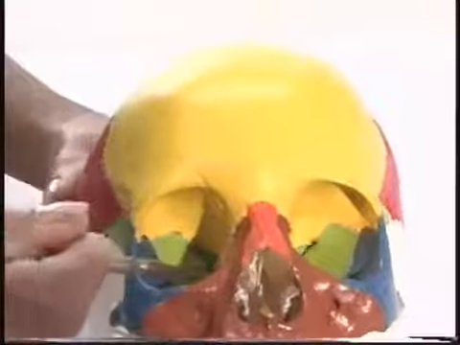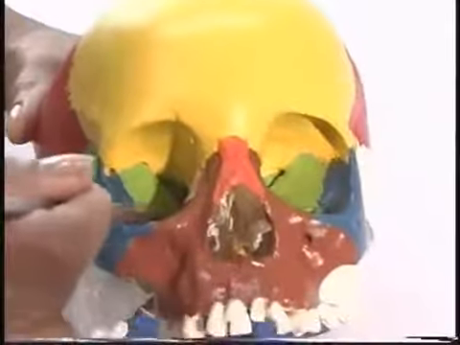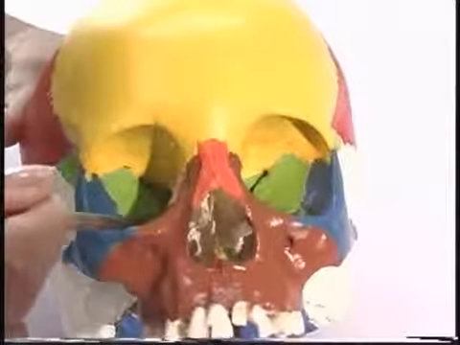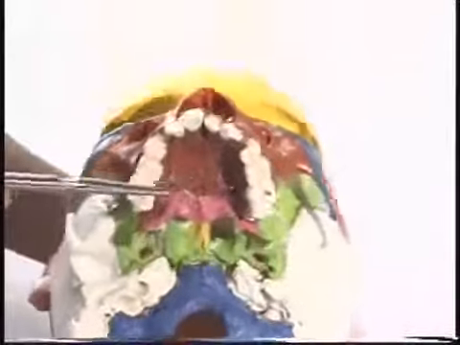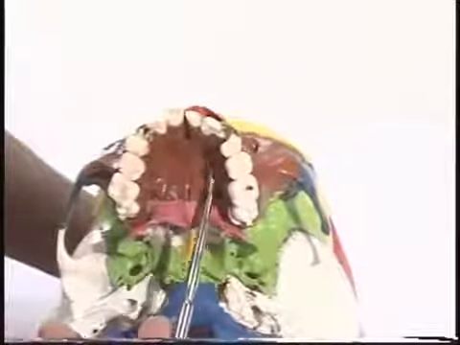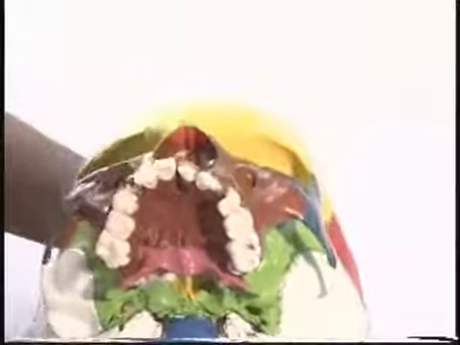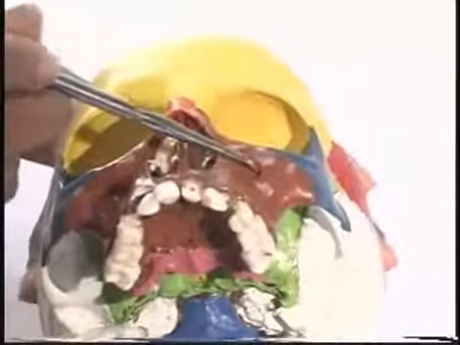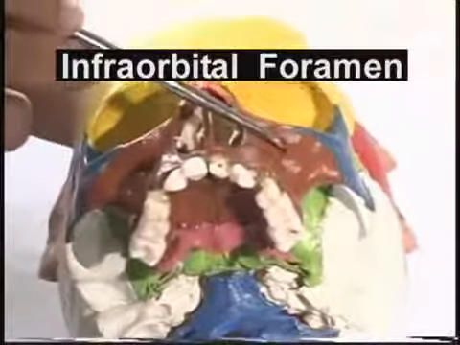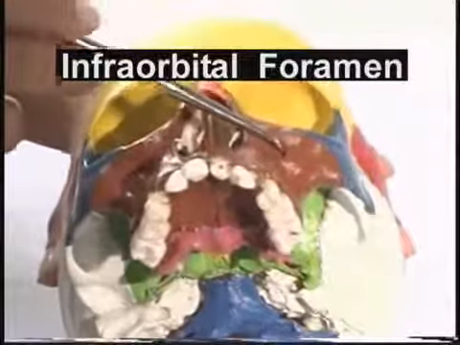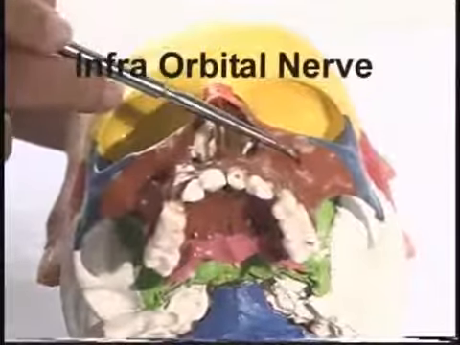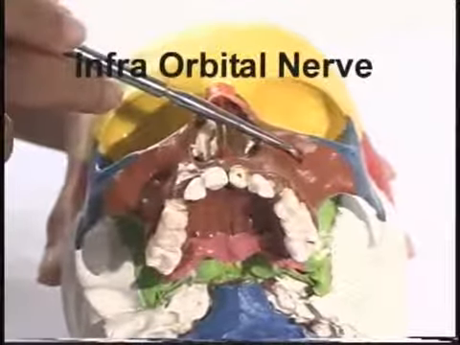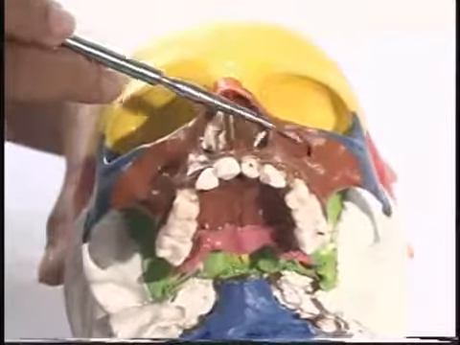It forms the floor of the orbit, as well as the hard palate. This opening here is known as the infraorbital foramen, and the infraorbital nerve exits through this opening.